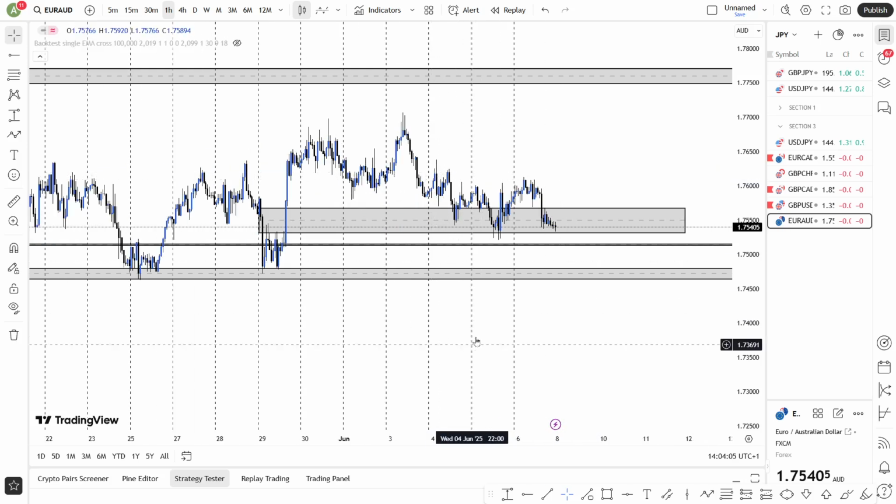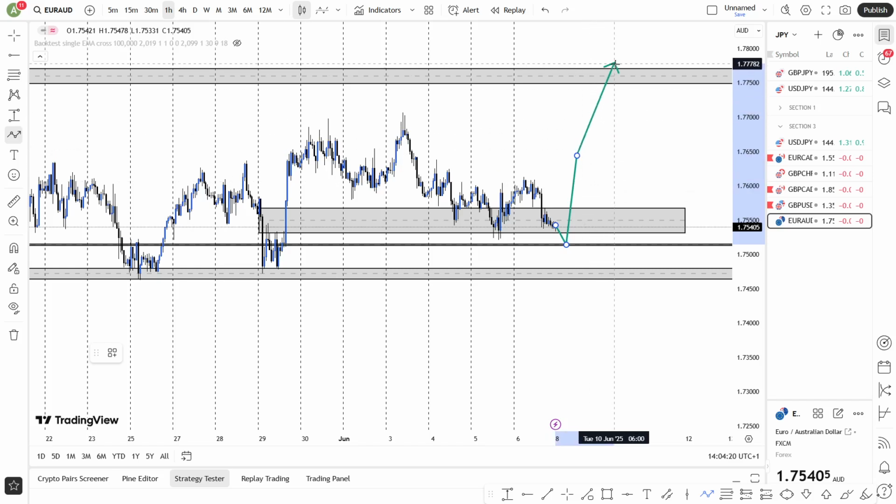This is a double top here, double top here. On Monday, which is tomorrow, we might see something like this. Then we can take this. Then we see continuation on Monday, Tuesday, Wednesday to this top, and Thursday a retracement.